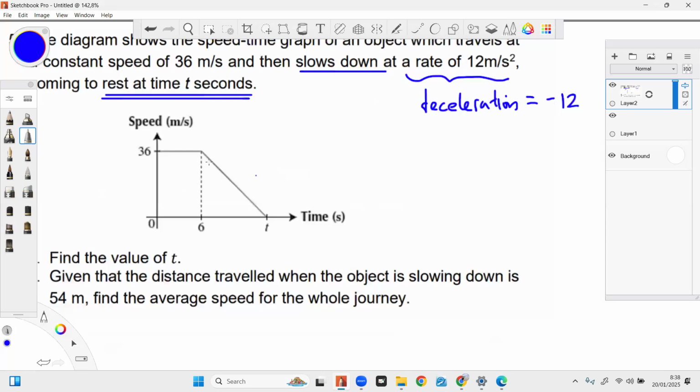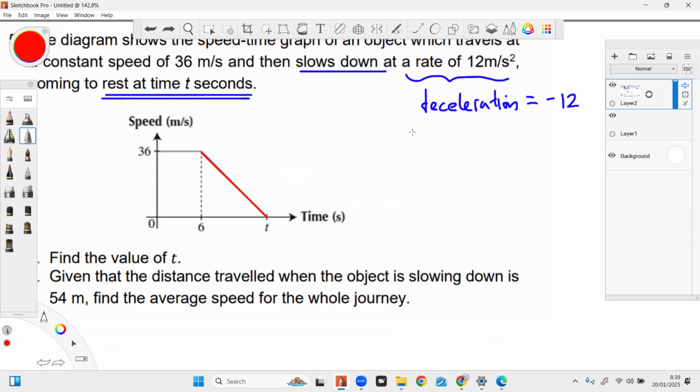The deceleration happens from 6 to t, not from 0 to 6, right? So the deceleration happened on the second part of the journey, not this one. This is a constant speed. So you are trying to calculate this gradient. Oh, we have the gradient already.